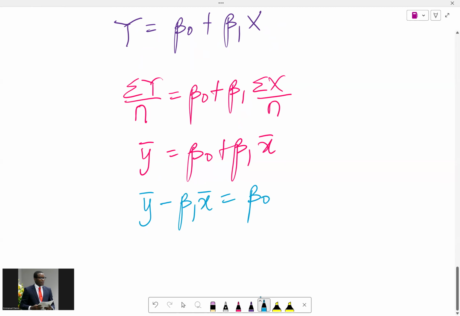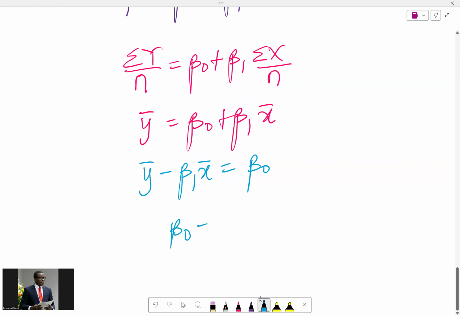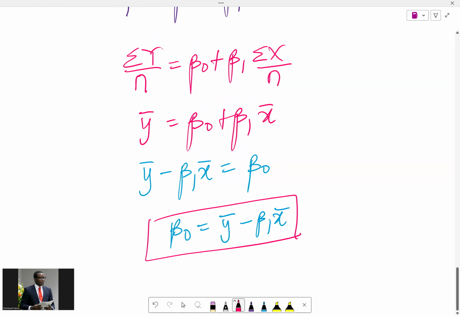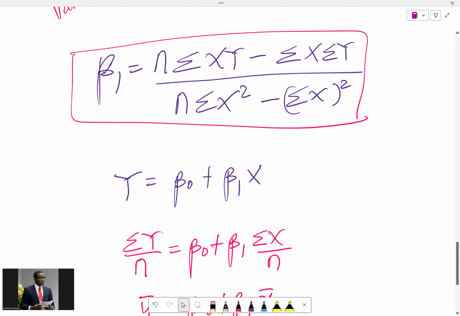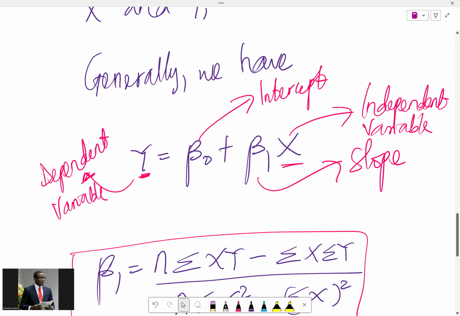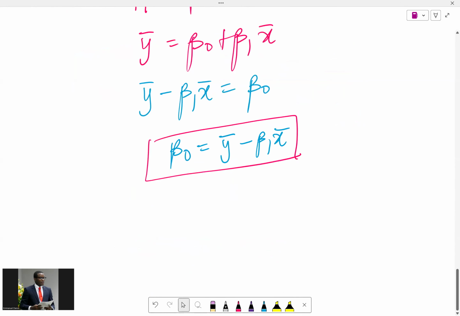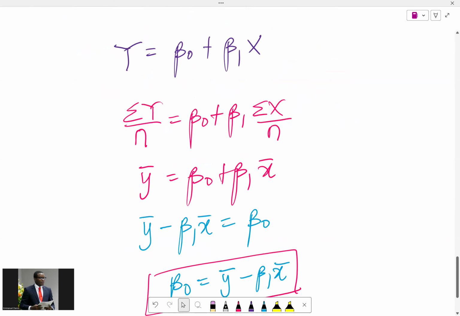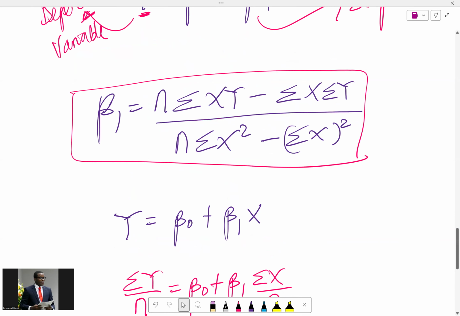So we have beta naught equals y bar, the average of y, minus beta 1 x bar. So with this now, we find beta naught. And once you find beta 1 and beta naught, you're good to go. You just substitute into the equation and keep going. So we have all the formulas we need.